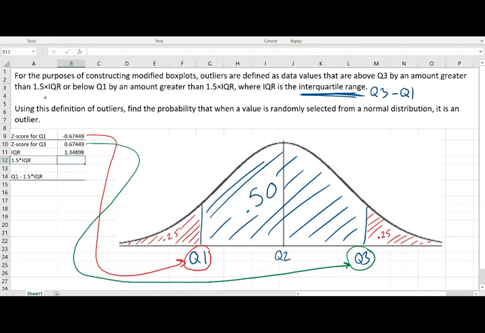All right, next, to define outliers, we need 1.5 of the interquartile range. Okay, so we just found the interquartile range, so let's take this number right here. Let's multiply this by 1.5. So we can say equal 1.5 times the interquartile range.